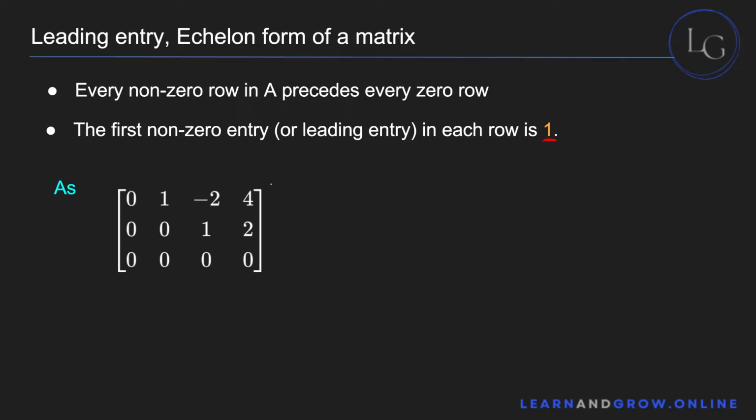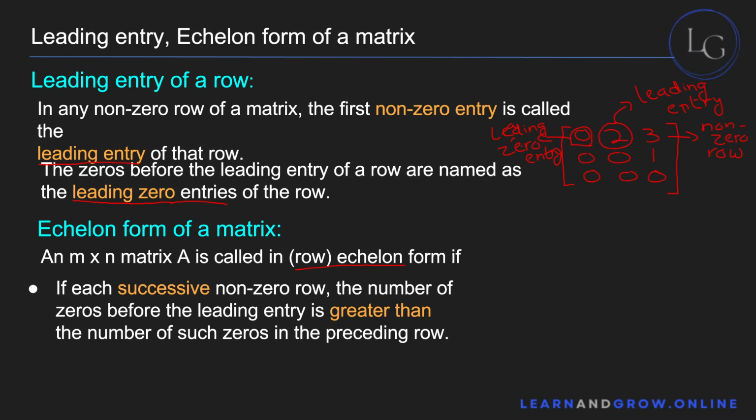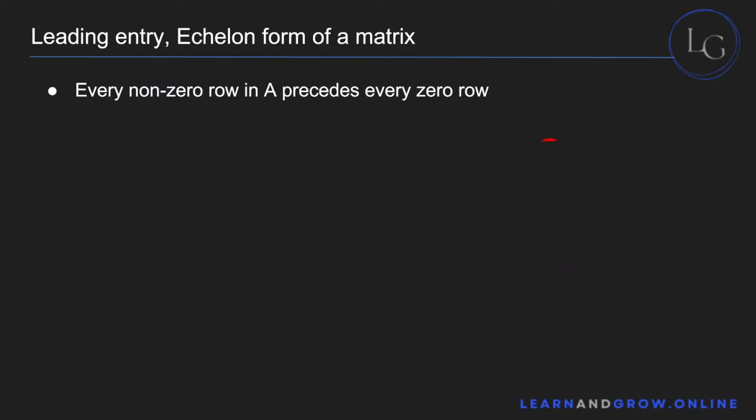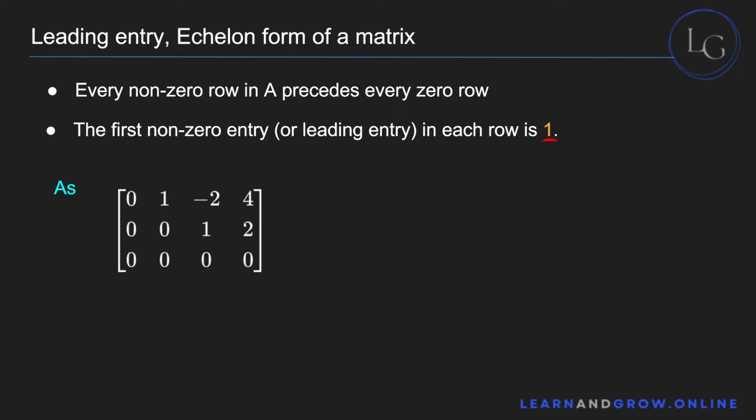Now, see this example here. You can see that the very first condition of the row echelon form was that in each successive non-zero row, the number of leading zeros must be greater. Now, see here. There is one leading zero entry here, there are two leading zero entries, and there are four leading zero entries here.